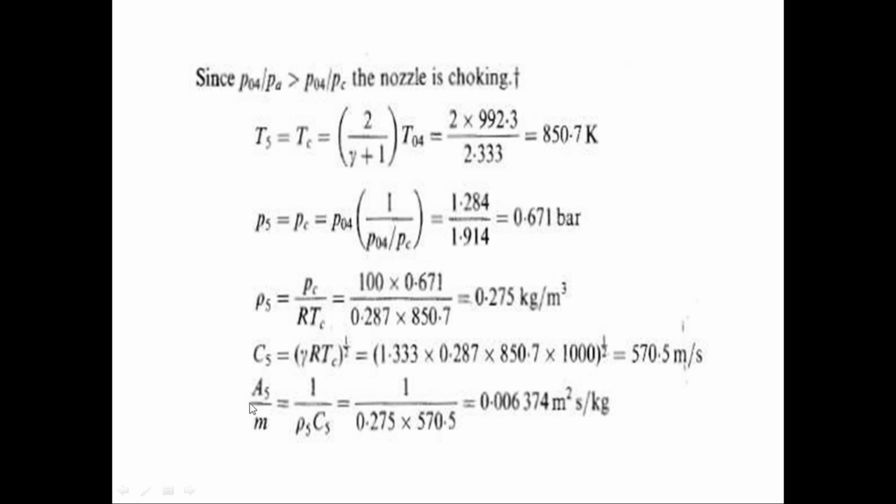And we can write the expression for A5, the area at the exit divided by the mass flow rate, in terms of 1 over rho 5 times C5. So rho 5 and C5 are already known. You can find out the value of the area per unit mass flow rate, which is 0.006374 meter square into second per kg.